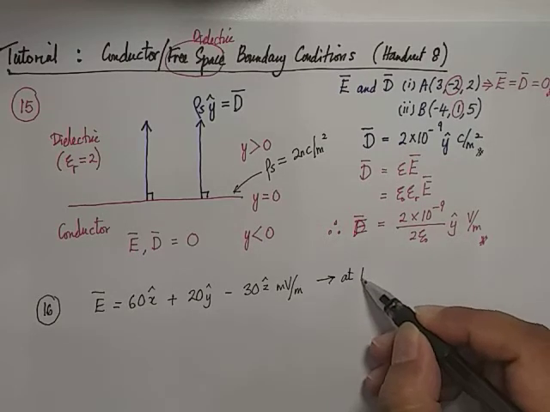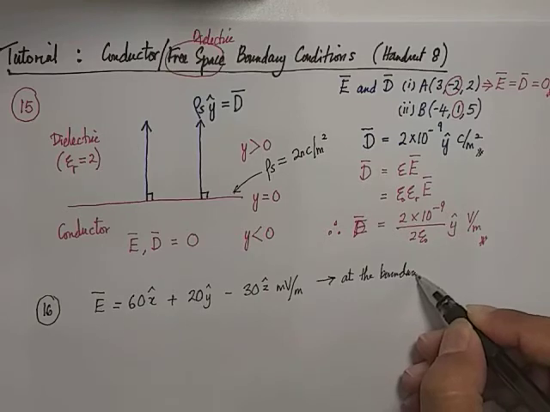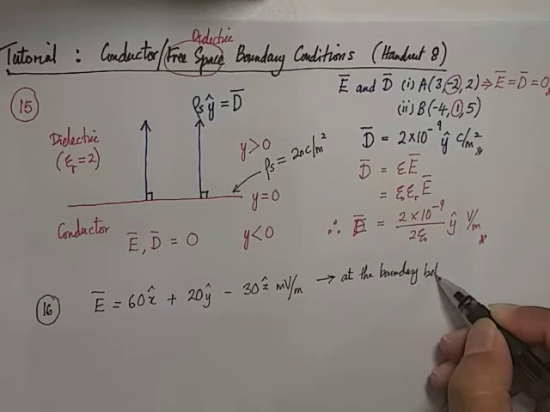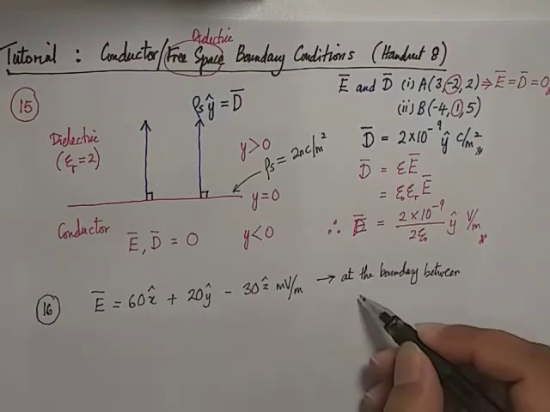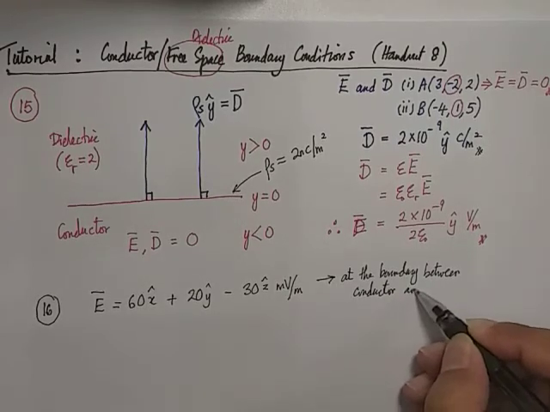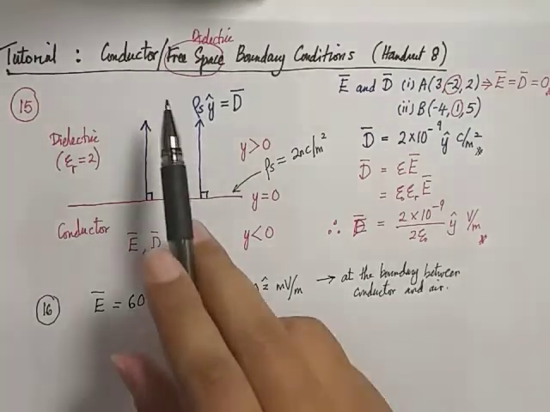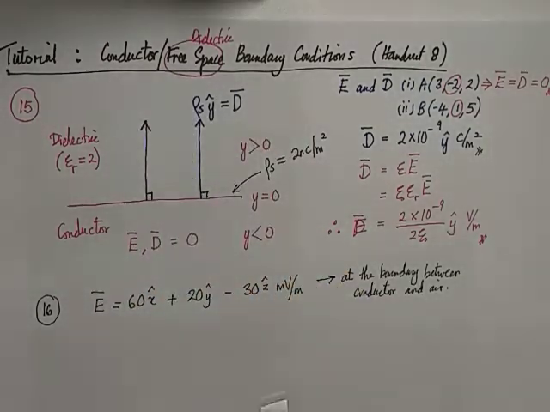At the boundary between conductor and air. So it's clearly stated that this is a boundary condition, because the field appears at a point on the boundary between conductor and air.